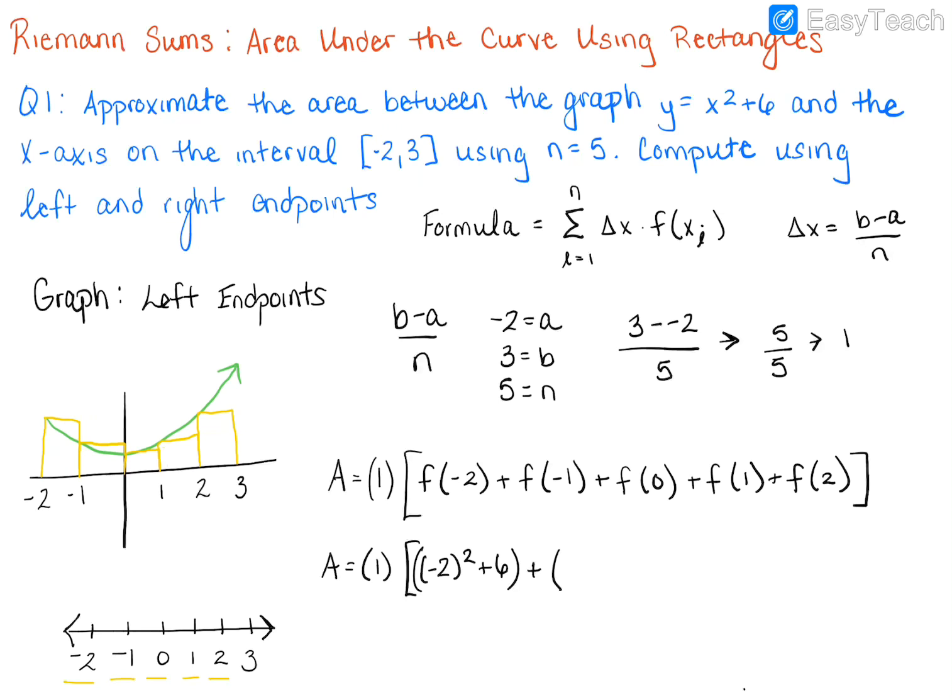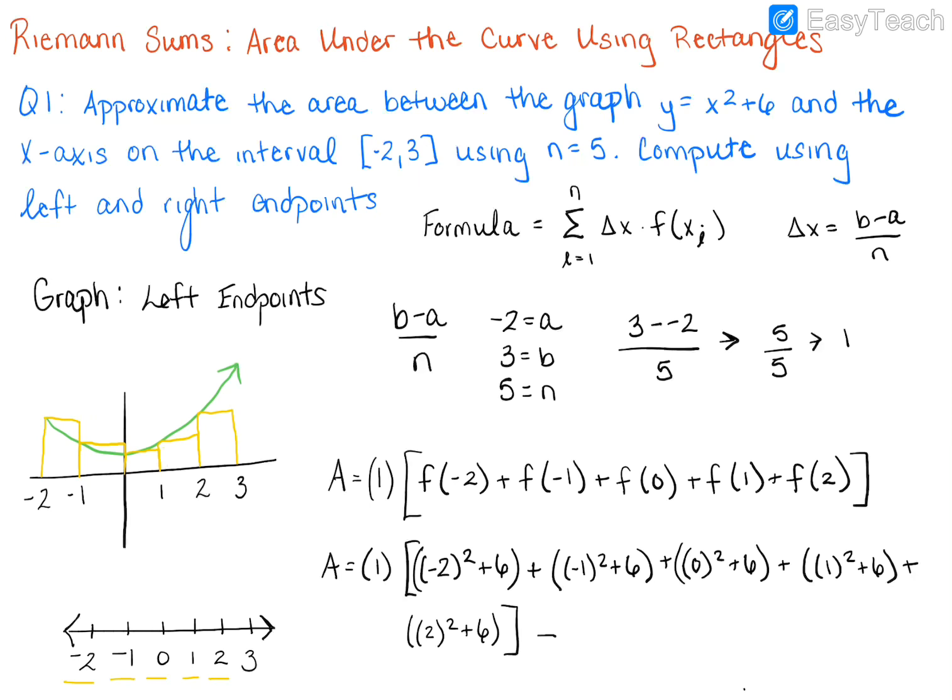Plus -1 squared plus 6, plus 0 squared plus 6, plus 1 squared plus 6, plus 2 squared plus 6. And that would conclude what our area is equal to. Then you would go ahead and compute that.